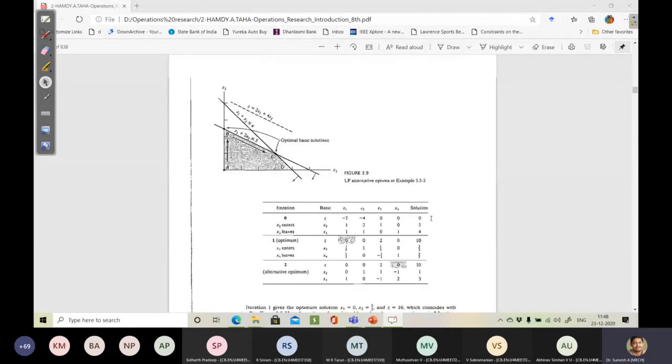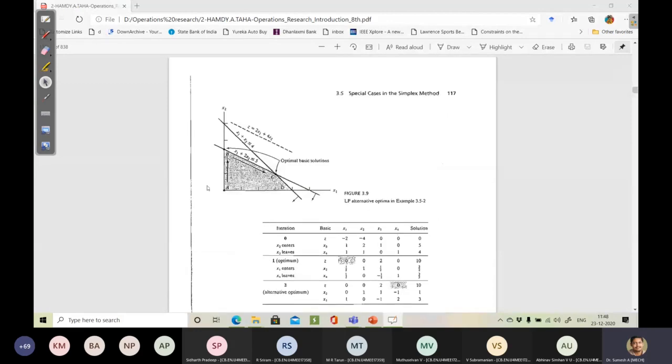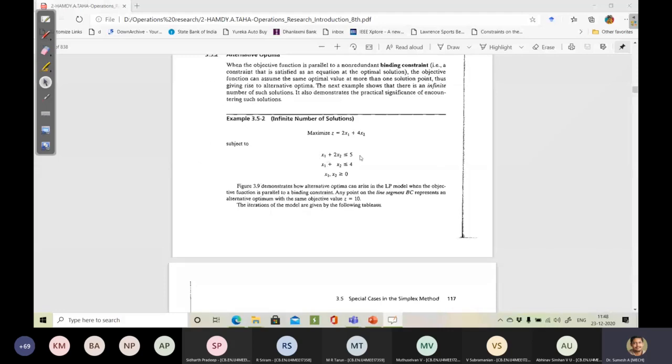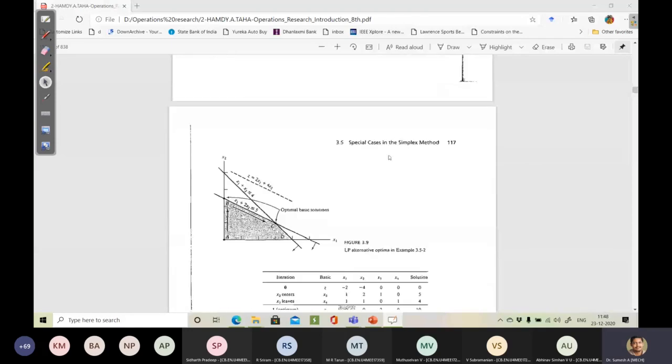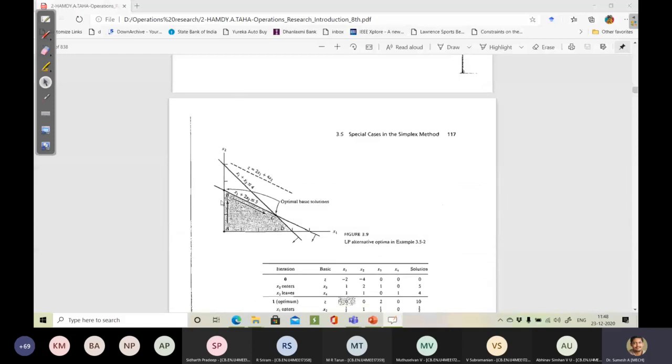You can just note down: maximize z equals 2x1 plus 4x2, subject to the constraints x1 plus 2x2 less than or equal to 5, x1 plus x2 less than or equal to 4, x1, x2 greater than or equal to 0. If you solve it by simplex or graphically, you can see this point as well as this point, both are optimum basic solutions. When you plot it, ABCD forms your solution space, where point B and point C both become optimum.